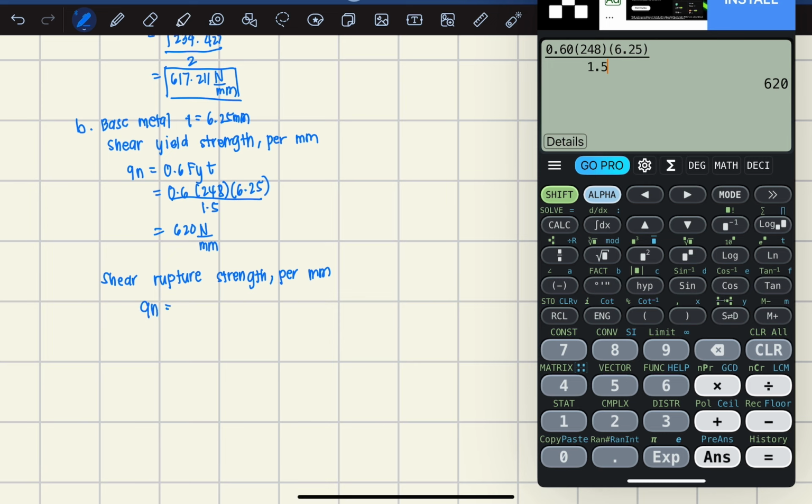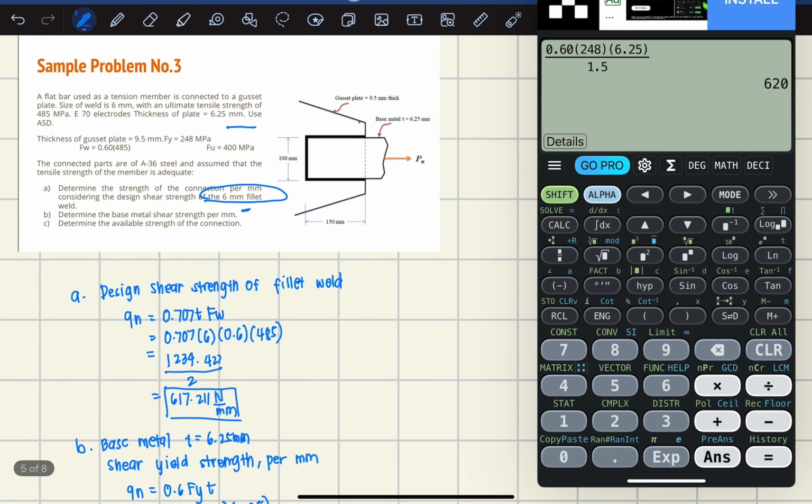So, Qn is equal to 0.6 Fu times T. 0.6 yung Fu ng base plate is 400 MPa. Kasi sabi daw dito, yung connected parts are A36, no? Yung base plate.